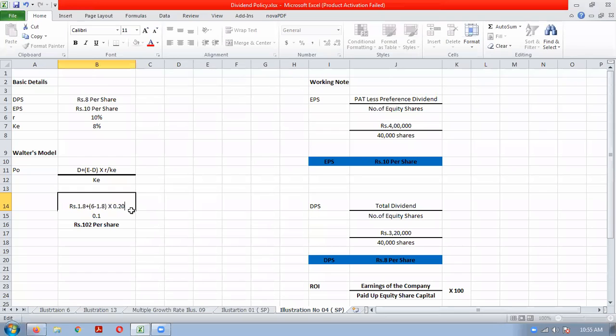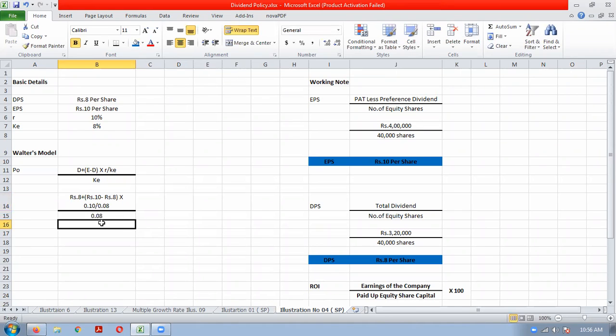So we can do this: dividend per share is 8, plus earnings is rupees 10 minus rupees 8, into R, which is 10 percentage, divided by K, which is 8 percentage. So find out what will be the P0 as per Gordon model.